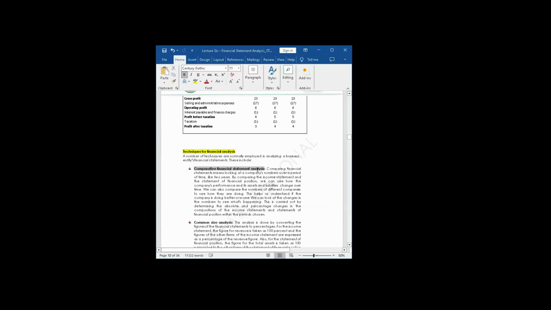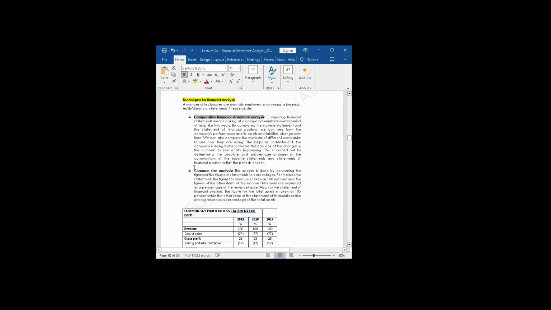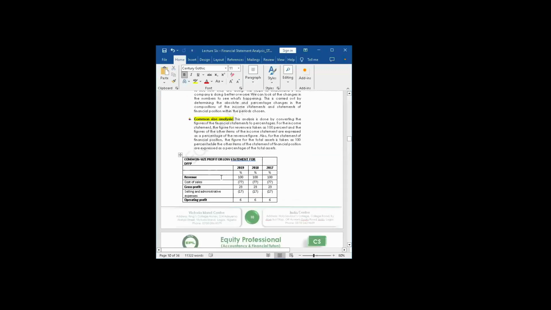We discussed comparative financial statements, and I said this is when you have financial information of two or more years, right? Which makes the analysis comparable. We also talked about common size analysis, where we convert the items of the statement of profit or loss and statement of financial position as a percentage of one of the items there.